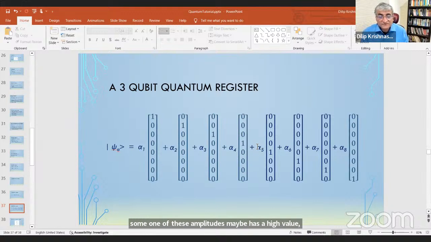So if alpha phi's amplitude is higher, then the likelihood of the solution being the state corresponding to that amplitude is higher. Most of the time, we should do repeated computations on a quantum computer, because the measurements are still probabilistic. So you have to repeat, and hopefully you will see this solution emerge after a few iterations, because you observe it more often.